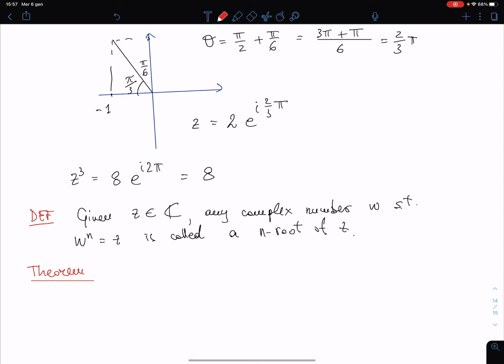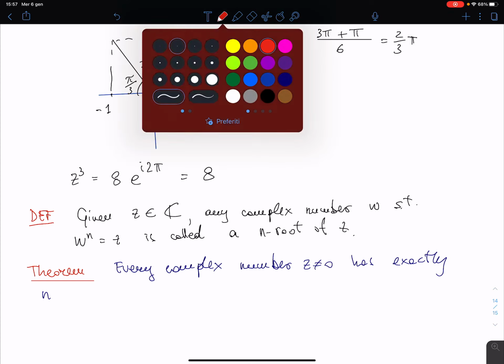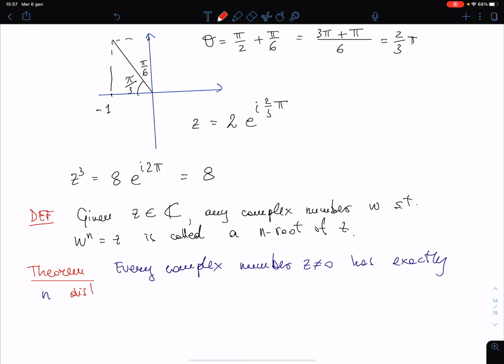That says that every complex number z, which is not vanishing, has exactly n distinct n-th roots.